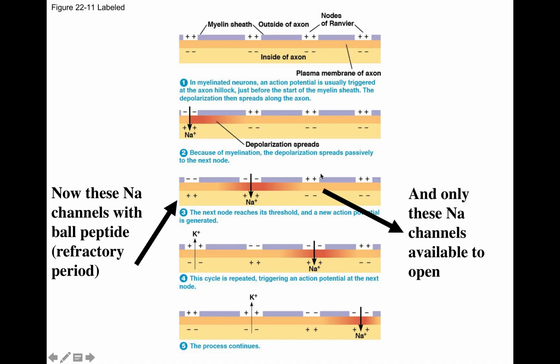These sodium channels here can open, but these cannot because they are in the refractory period. They just opened. So if sodium diffuses back to affect these sodium channels, it doesn't matter. They're in the refractory period. They're not going to open. Same is true for these back there. And so the only possibility is to open up sodium channels further on down the line. Okay? Now, the myelin sheath, let's talk about that.